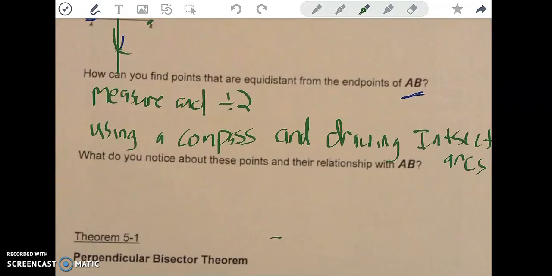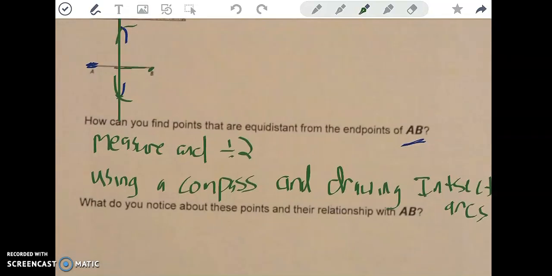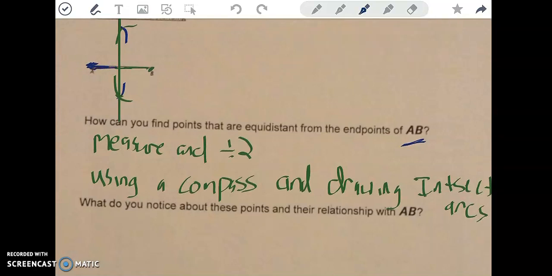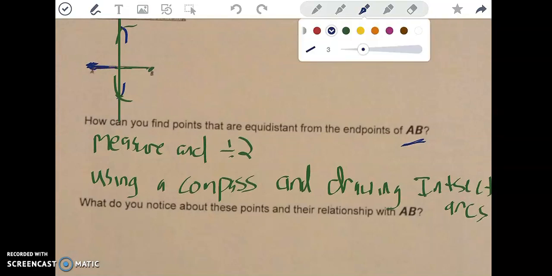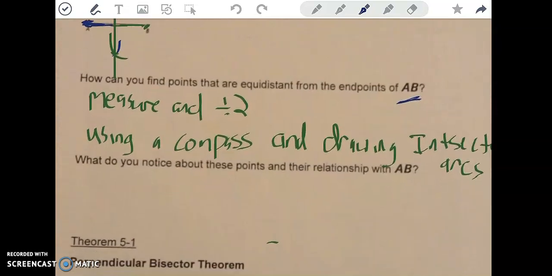So then the next question asks, what do you notice about these points with the relationship between A? Well, what we have is we create a line that is equidistant from both. So if it's equidistant, then you just created a midpoint. Okay? So you have found a midpoint.